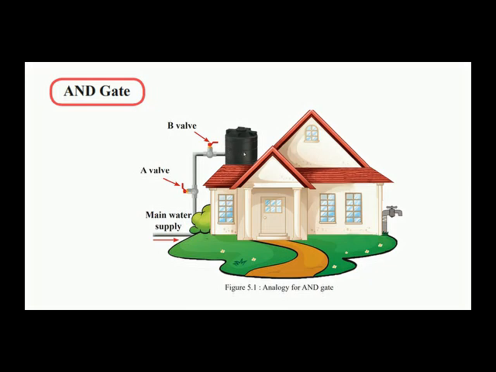No. If we open one valve and close the other, we can't fill the tank. So to get the tank filled, we need to open both valves. That is the analogy of the AND gate.